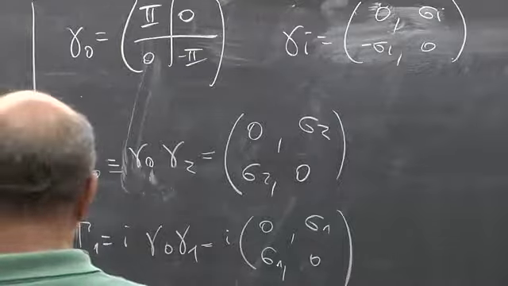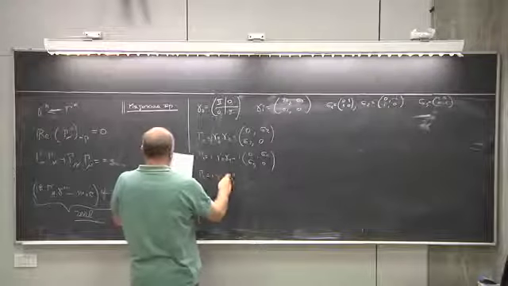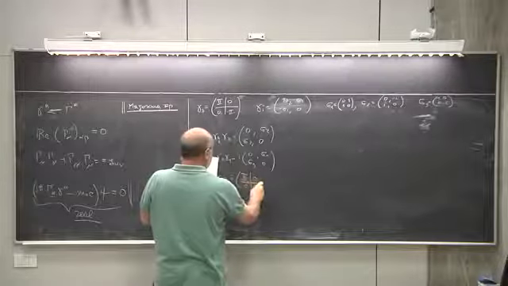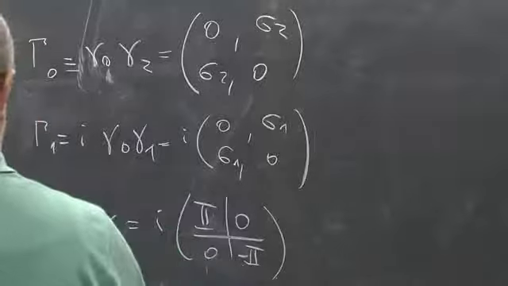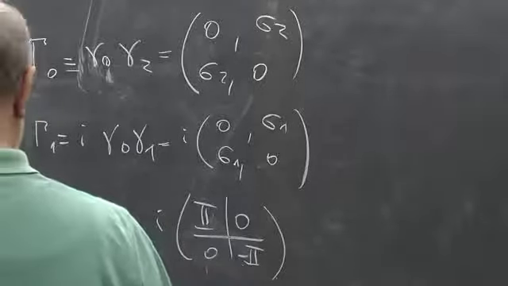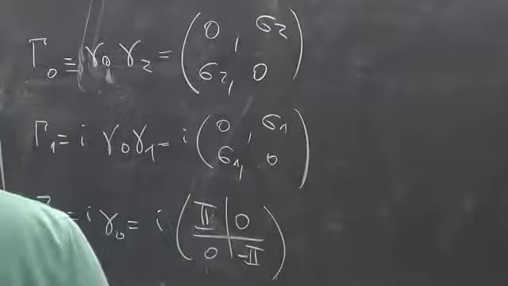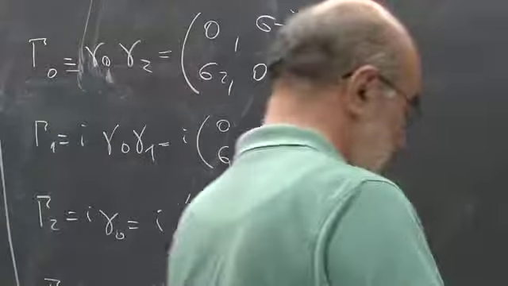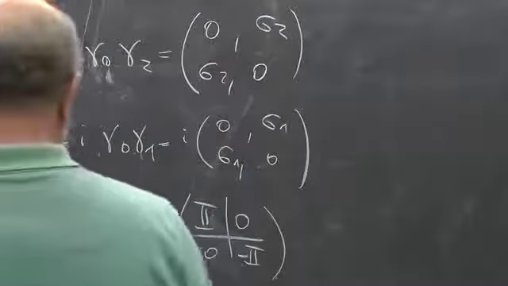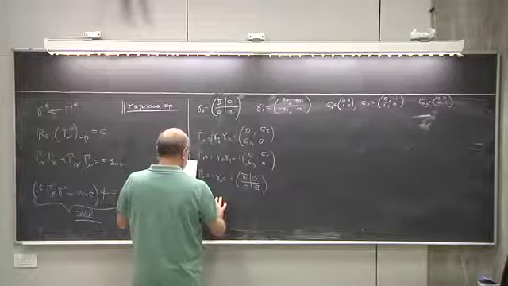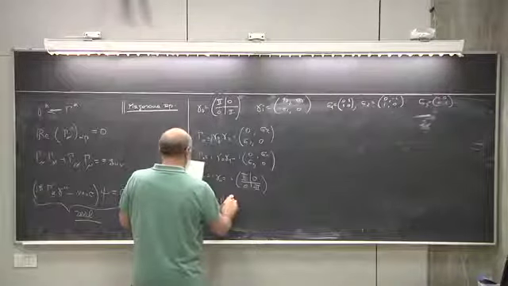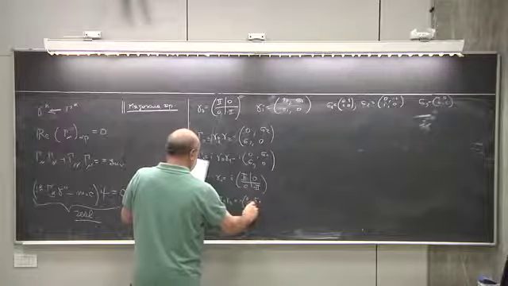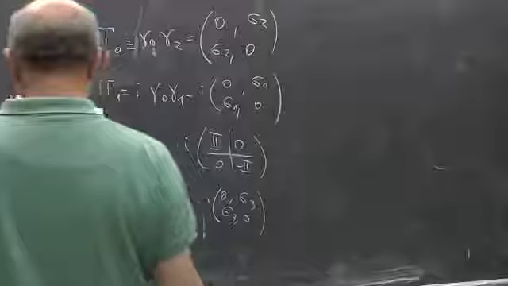The gamma 2 is I, gamma 0, so is I, the identity, 0, 0, minus I. And the gamma 3 is I, gamma 0, gamma 3, is I, 0, sigma 3, 0.